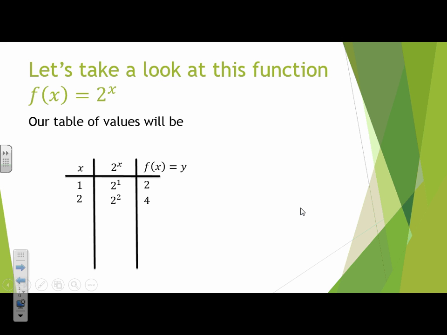Okay, now I want you to do 0. Let x be equal to 0. So that means you have 0 as the exponent. What's 2 to the power of 0? Not 0, but 1. Okay, 2 to the power of 0 is always 1. 5 to the power of 0 is 1. 100 to the power of 0 is 1.